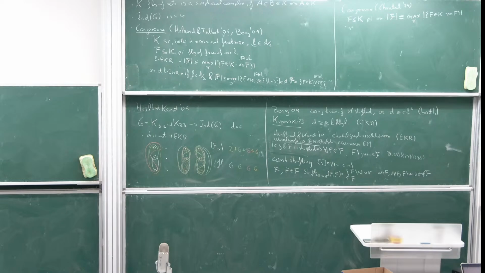If the conjecture is true for a bunch of simplicial complexes, is it true for the join? I don't know.